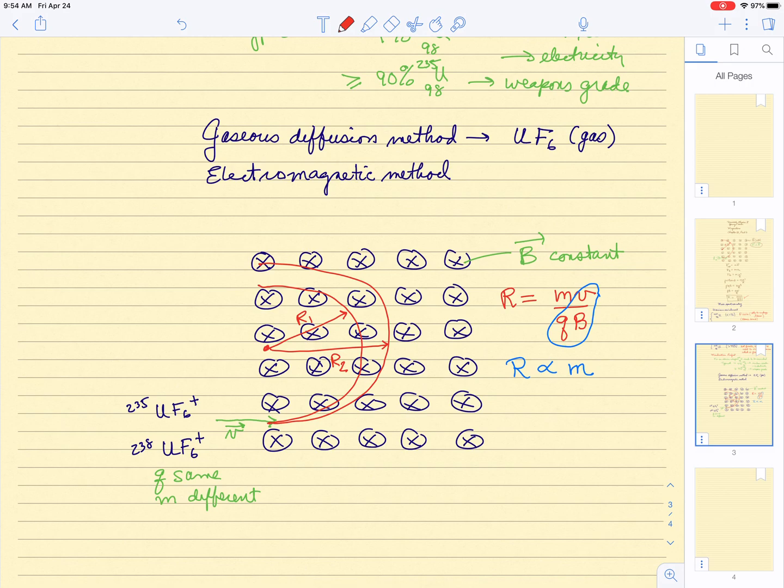So out on this end here, this would be the uranium-238 isotope. This would be the uranium-235 isotope. And although I'm being a little facetious here, somebody can just hold a test tube here and collect the uranium-235. So there's a way of enriching uranium by the electromagnetic method.